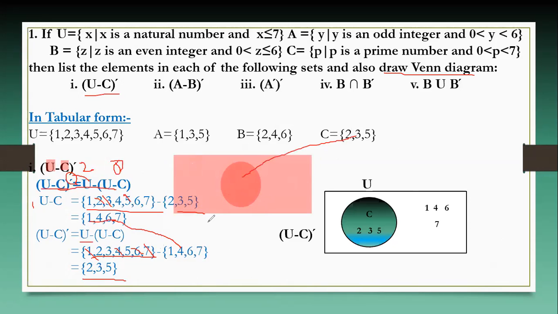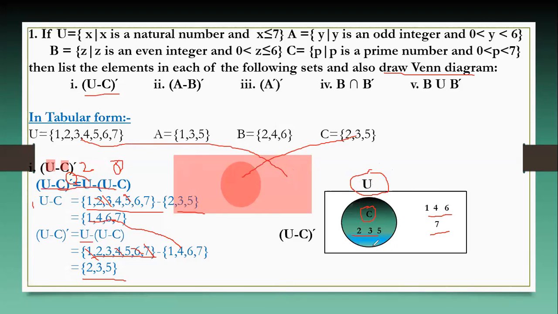Circle contains 2, 3, 5. Write down the remaining elements of the universal set outside the circle. Mention that this whole set is U, and inside you can write C to represent that the circle is for C.